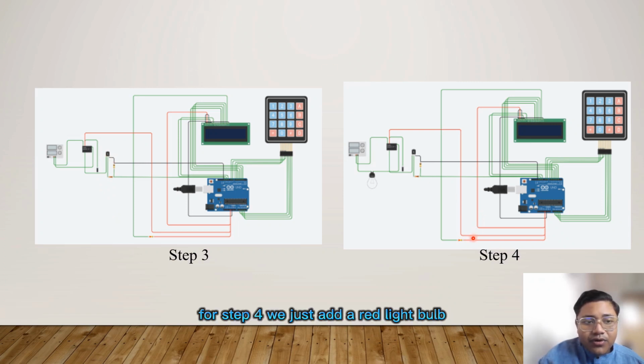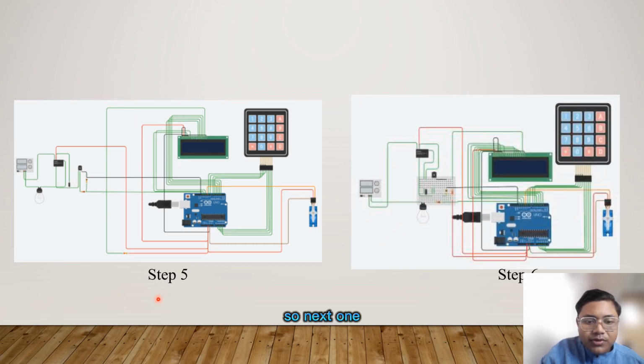For step 4, we just add a red light bulb that connects the negative of the power supply to the relay SPDT. So next one, step 5, we have to add a micro servo into the circuit as a simple door lock of this password box.